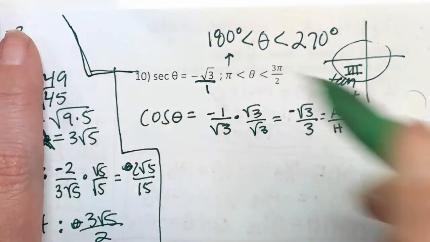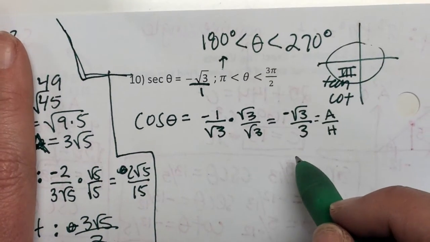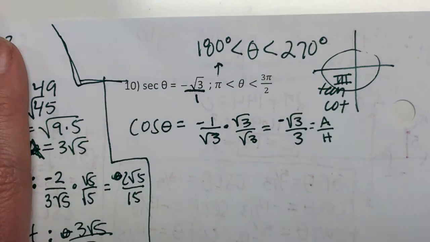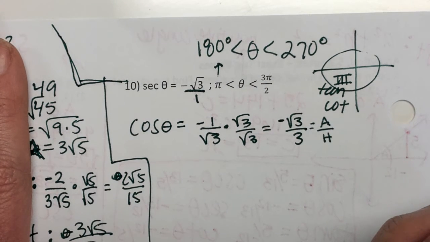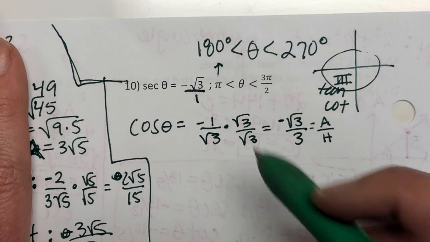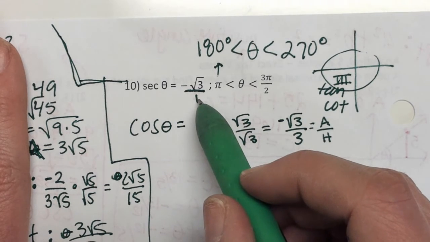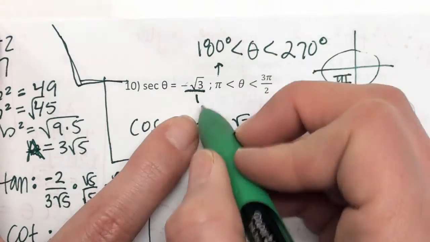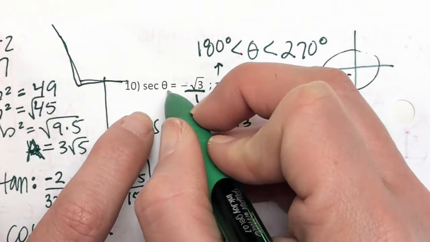Alright, Kaya, tell me how to set up the Pythagorean theorem with A and H. Where did you get the negative 1 from? Talking about up here? So you want to use these numbers? That's fine. Okay, so this is not adjacent over hypotenuse. This is what up here?